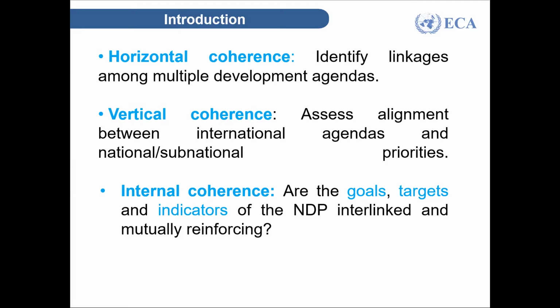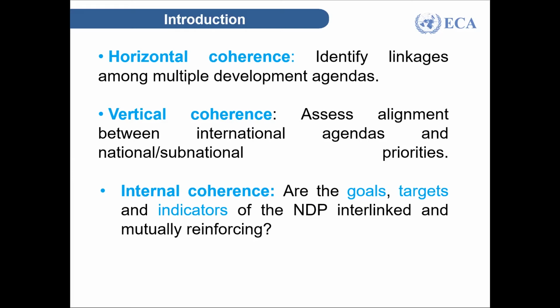Vertical coherence refers to the alignment between international development agendas and national or subnational priorities or development plans. Now, the vertical refers to whether the national development plan integrates the continental development agenda, like Agenda 2063, or SDGs, into the national development plans.